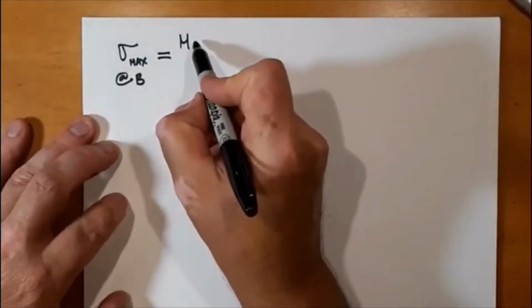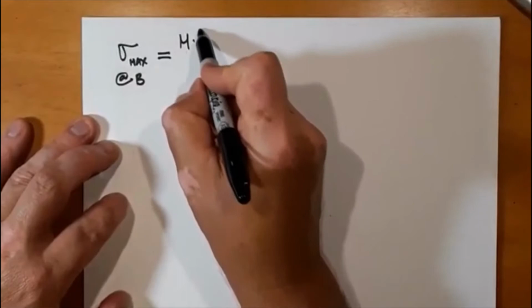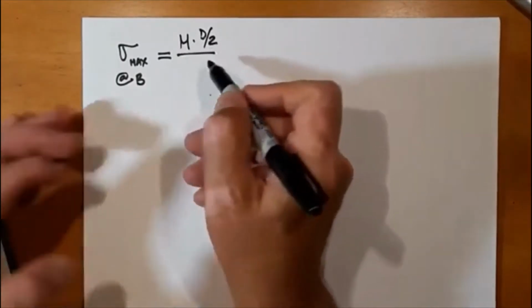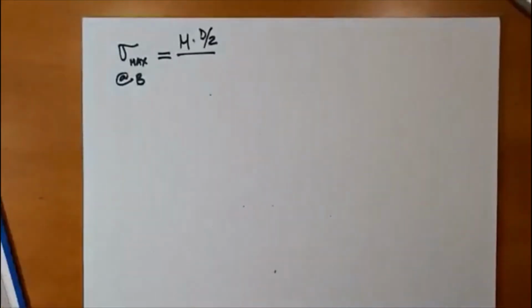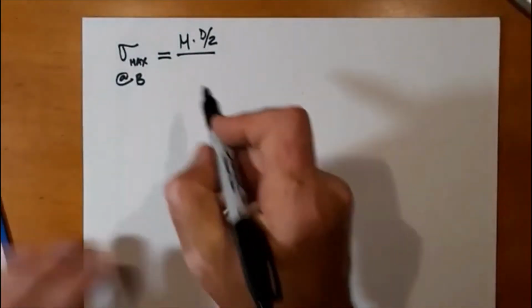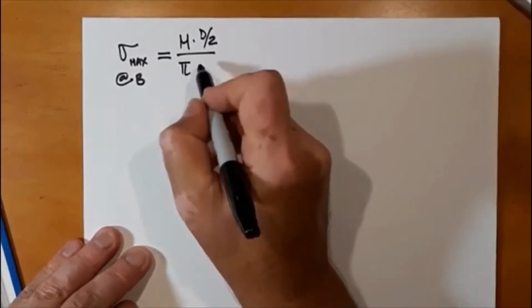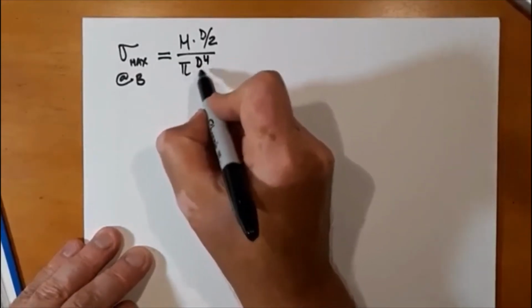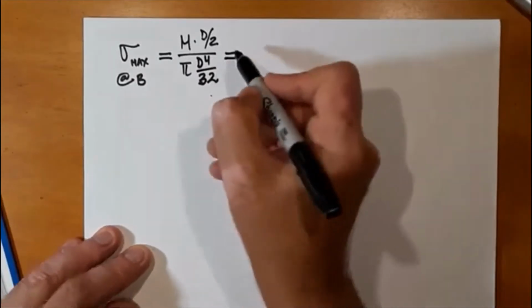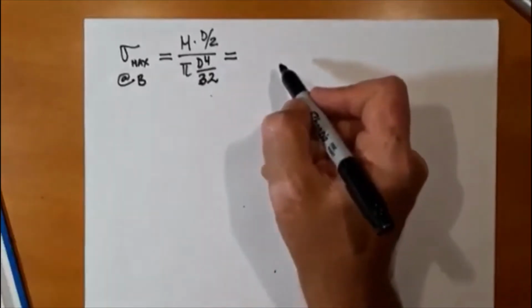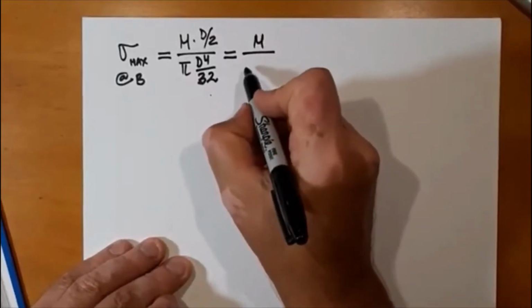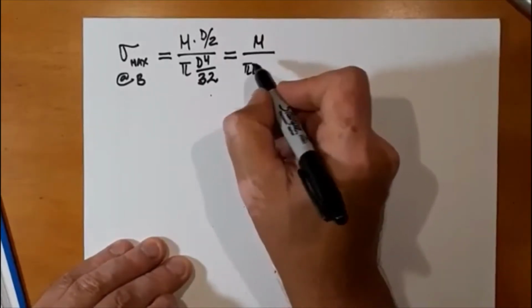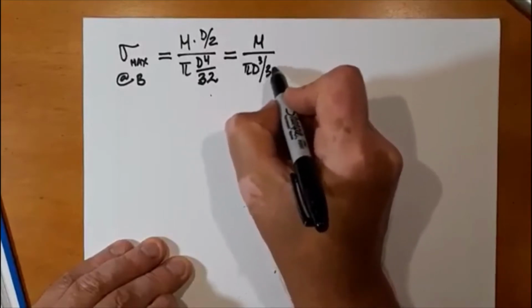So it would be M times c, where c is diameter over 2, over the polar moment of inertia of a round solid, pi diameter to the power 4 over 32. We're using the section modulus. It will be M over pi diameter to the power 3 over 32.